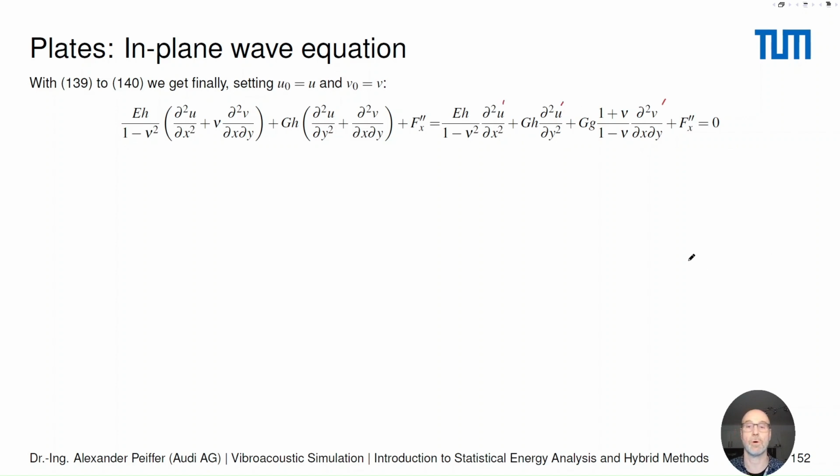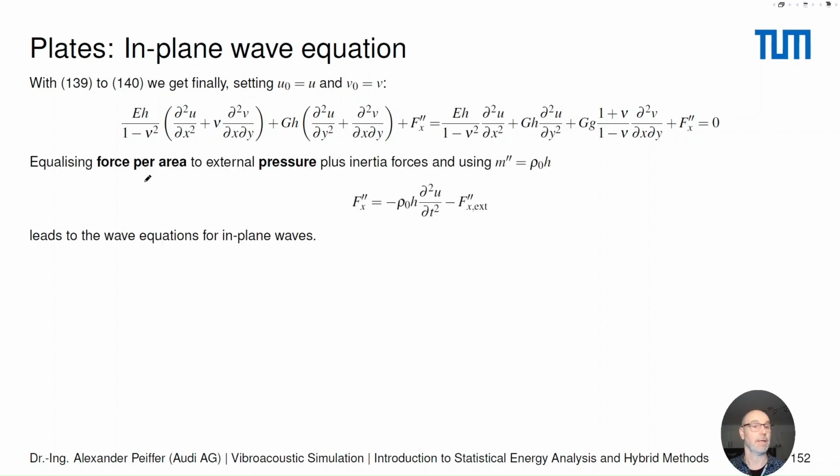So there is no more N anymore. It's just forces and displacement of the middle plane, where we have skipped the indexing here. So the force per area is now equalized to the external pressure and the inertia forces. This is the inertia force, and this is an eventually available external pressure, and this finally gives the wave equation for the in-plane waves.